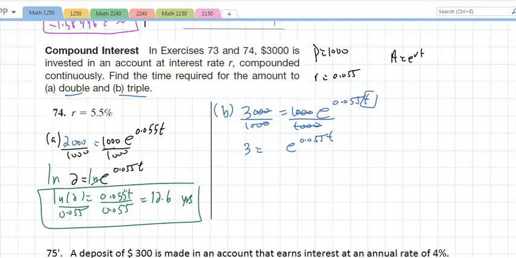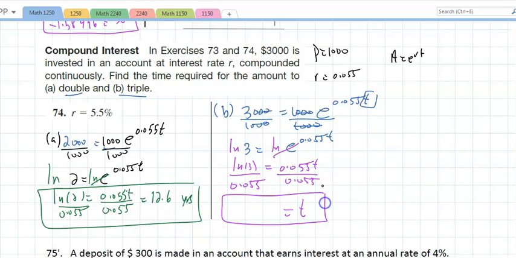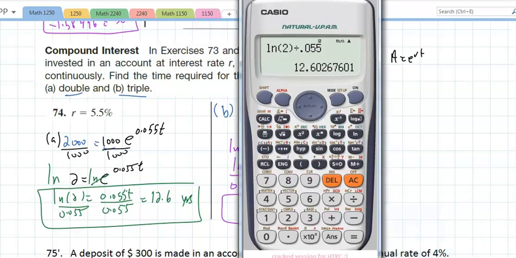Since I have an exponential, I'm going to log both sides, and no big secret, we're going to use base e. 0.055t equals natural log of 3, divide by 0.055, and t will be how many years? I'll go to my calculator.